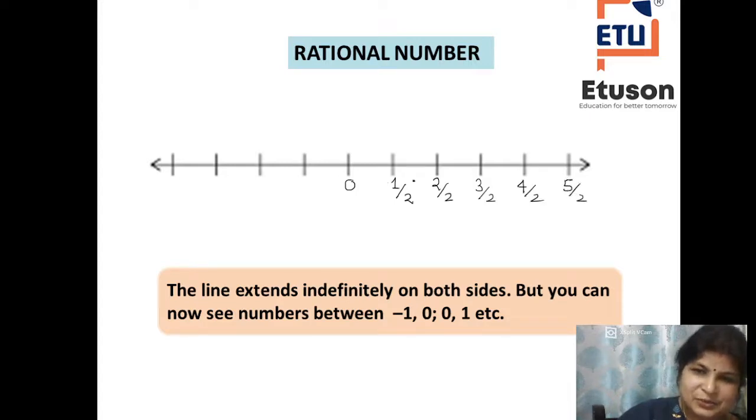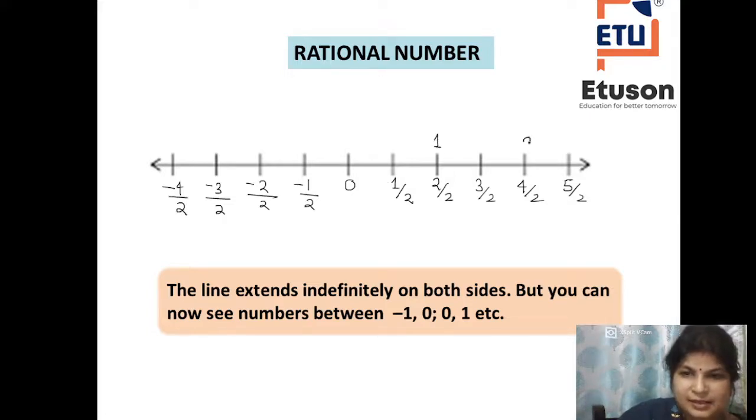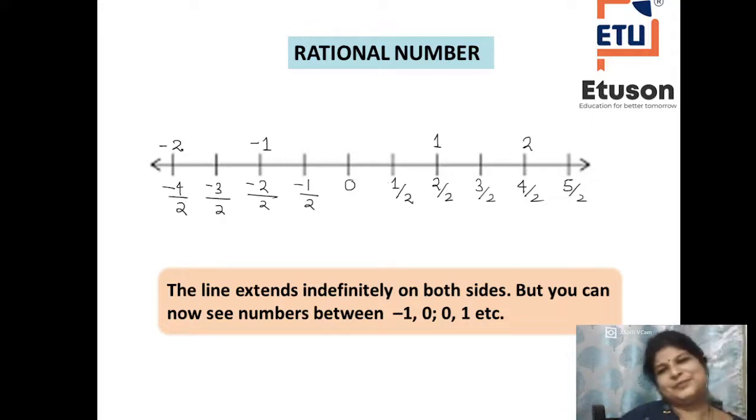So 5 by 2, and here I was supposed to write minus 1 by 2, minus 2 by 2, minus 3 by 2, and minus 4 by 2. And at the top what I will write, here it is 1, here it is 2, here it is minus 1, and here it is minus 2. Correct.